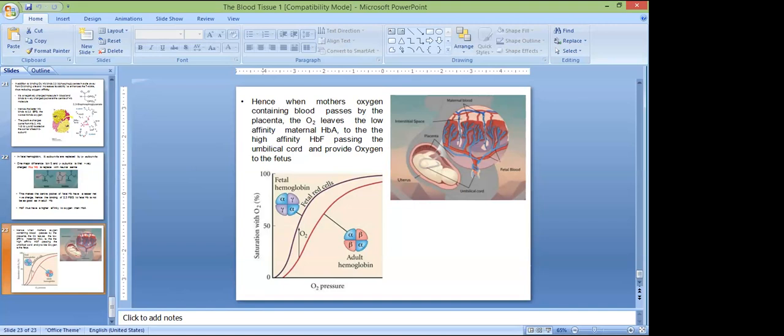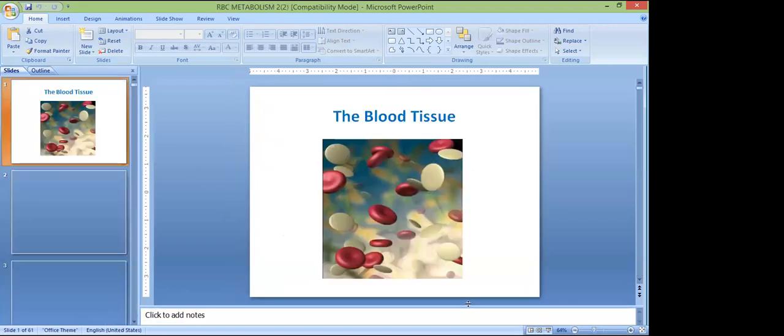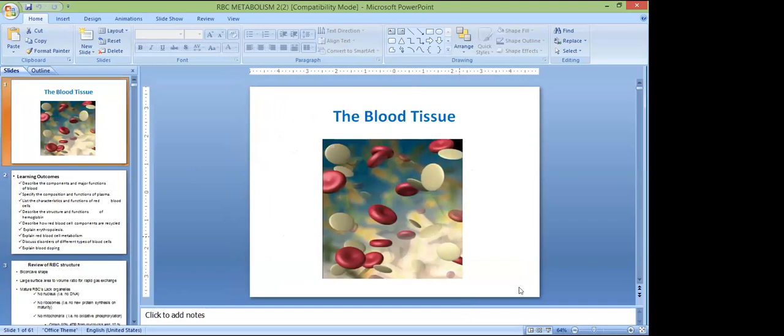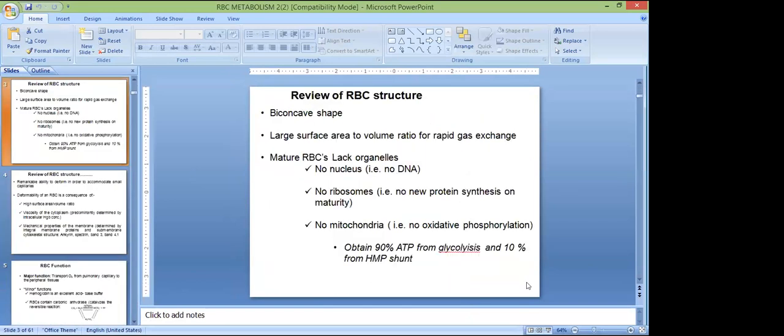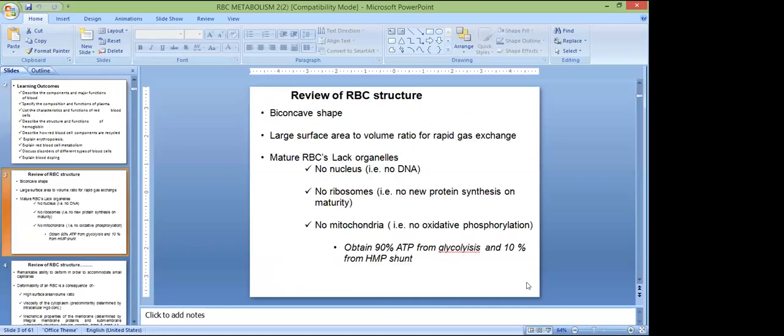Then I wanted to cover more of RBCs, the metabolism. The review of RBC structure: RBC is basic knowledge, a biconcave shape, right?